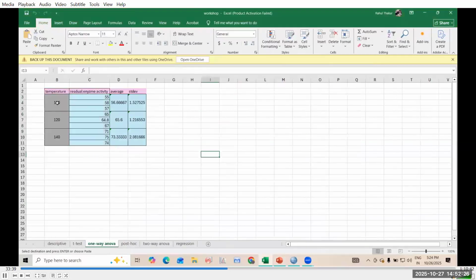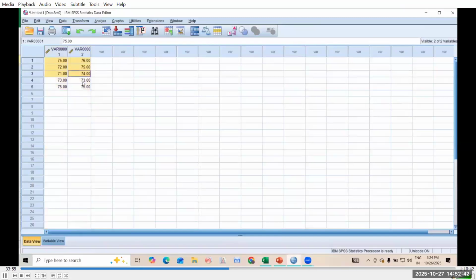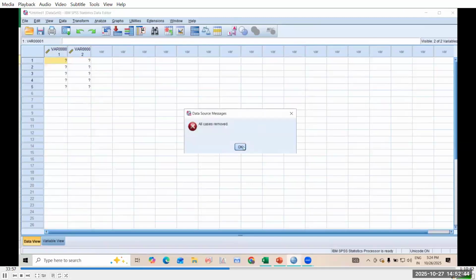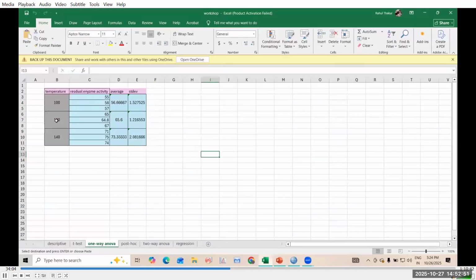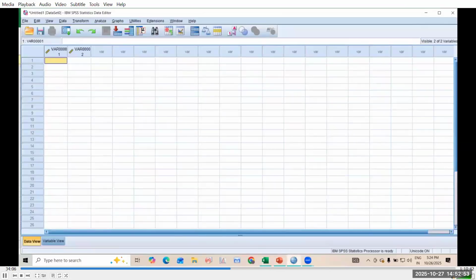Here are the different temperatures and this is the residual enzymatic activity. We'll see whether the one-way ANOVA shows a significant difference or not. First we'll clear the variable columns. Then we'll put these three types of temperature as three test variables: 1, 2, 3.